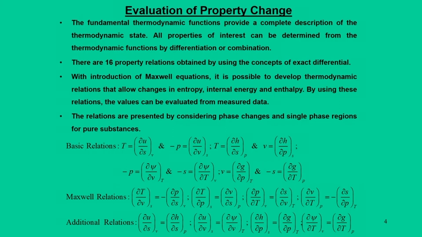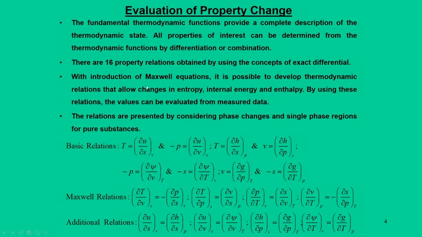Now, let us revisit our previous lectures where we derived the thermodynamic property changes. In total, there are 16 property relations that were obtained by using the concept of exact differentials.